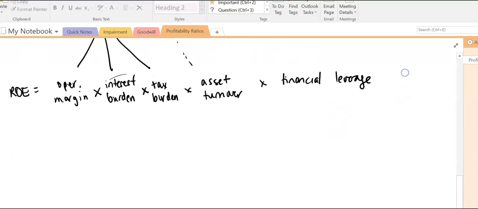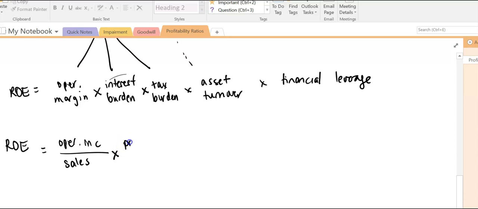And let's just write what these formulas are. Operating margin, operating income over sales. How profitable were our sales in generating operating income? Then what's the impact of that next item below operating income, non-operating income, which oftentimes relates to interest expense?